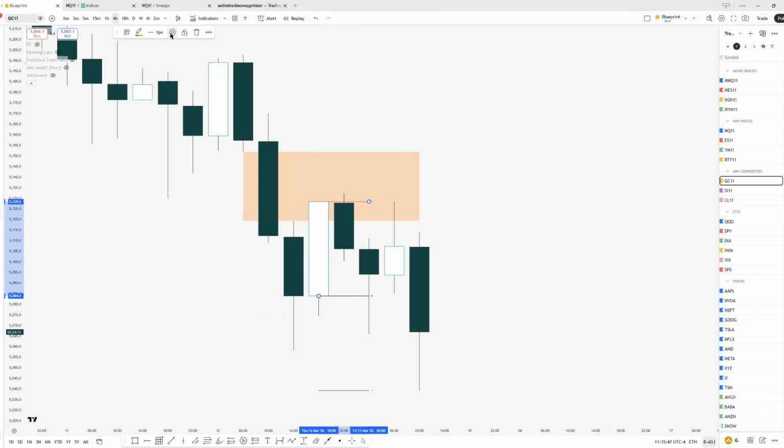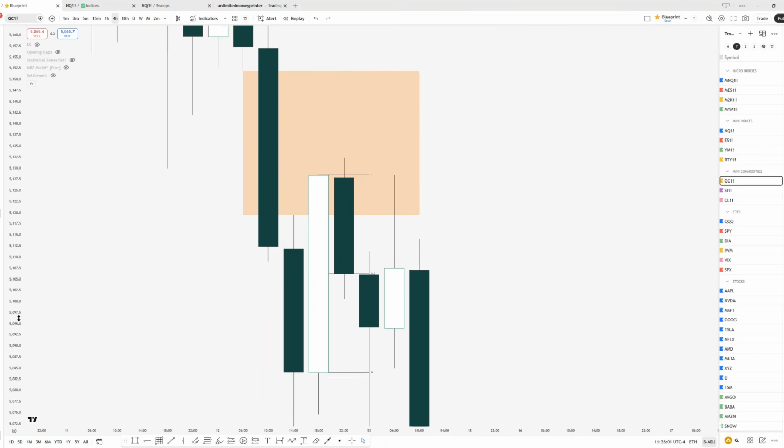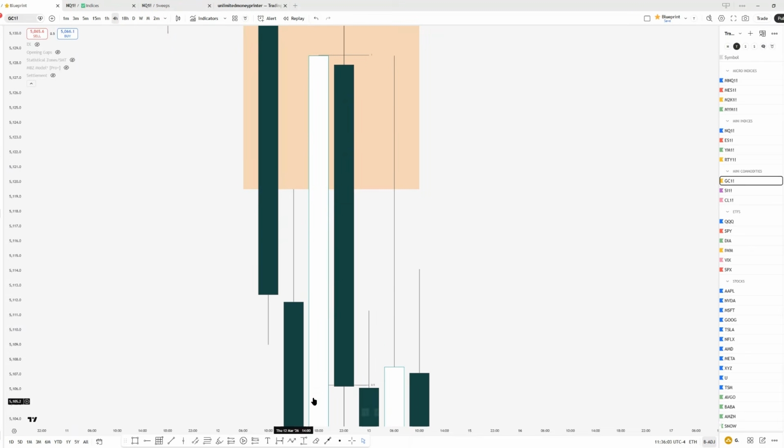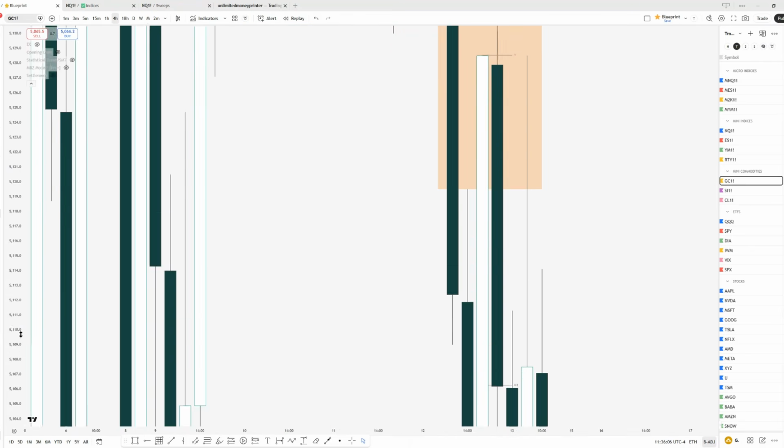So if we take a look here, in this example, price closed right at the cusp of 50%. So that is technically valid at or past 50%. If we zoom in, you can see it close a little bit past 50%.